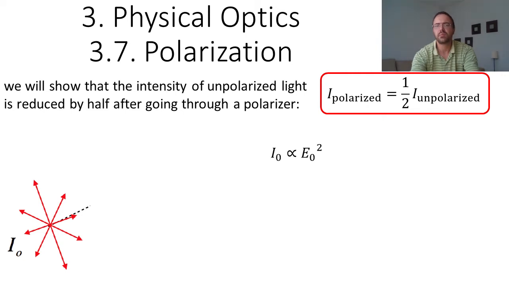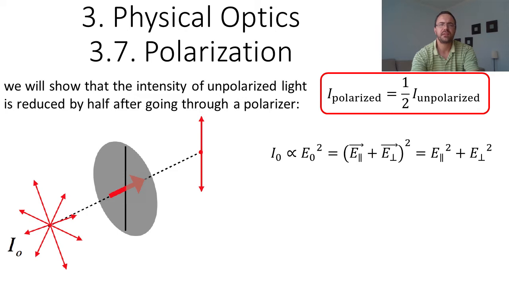The intensity is proportional to the square of the amplitude of the electric field, and the electric field is unpolarized, so it has all kinds of directions, which we can decompose into two components: one where the electric field is parallel to the polarizing axis, and one where it is perpendicular. Because these two components are perpendicular to each other, their scalar product is 0. And so the intensity is proportional to the sum of the squares of the two components.